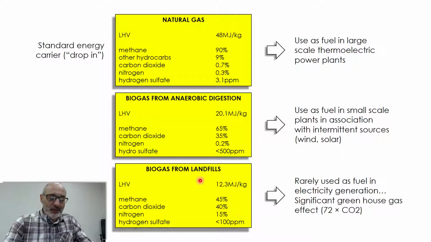So in order to use this biogas from landfills in an internal combustion engine or a gas turbine, the amount of equipment you need to get rid of these contaminants and, let's say, increase the heating value a little bit is not economic. So usually this is not used for this type of application.